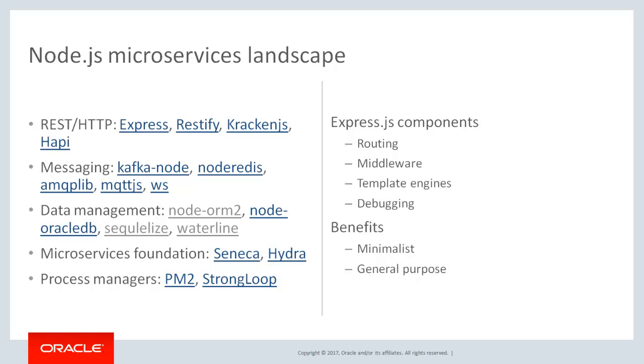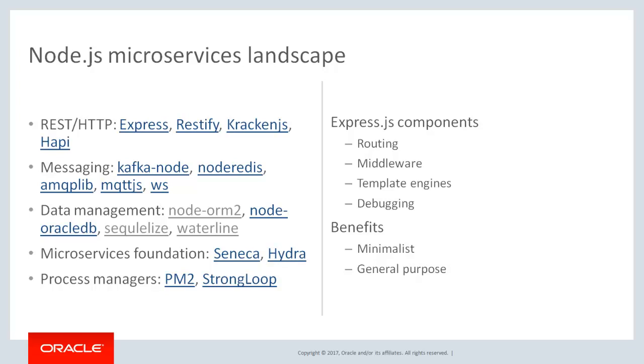Node Oracle DB, of course, is an interesting and open source driver for the Oracle database itself, and you will see this in action in upcoming parts of the presentation. Waterline is actually the default ORM used in the Sails framework, and it provides a uniform API for again accessing databases like Postgres, Redis, Mongo, etc.